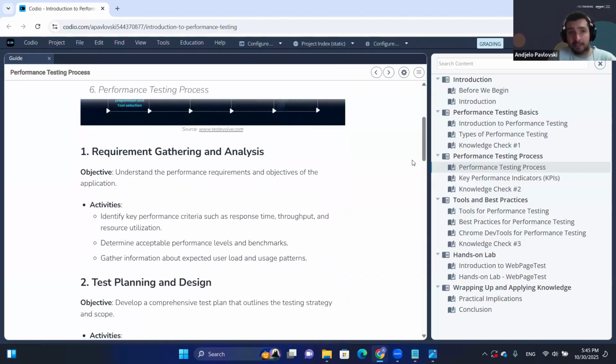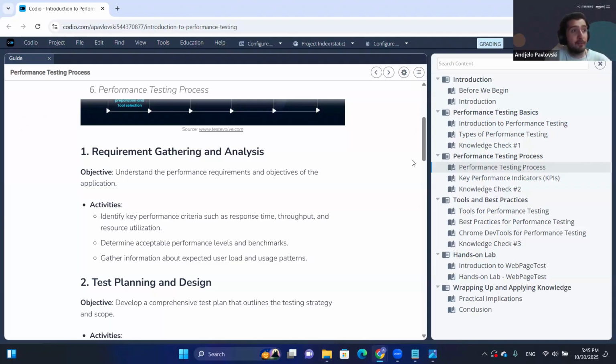You might notice that the performance testing process is quite similar to the general testing process. If you remember in one of our early lectures, we were talking about the testing process, and there we had planning, design, requirement gathering, analysis, test execution, and so forth.